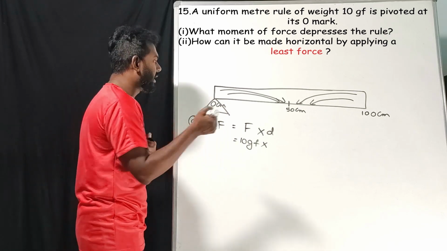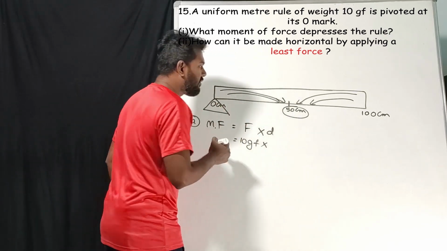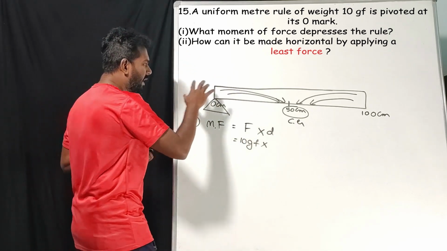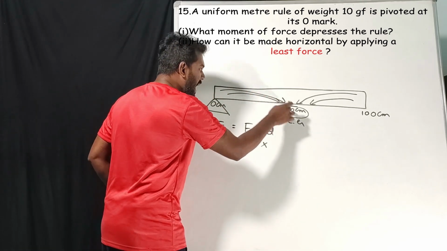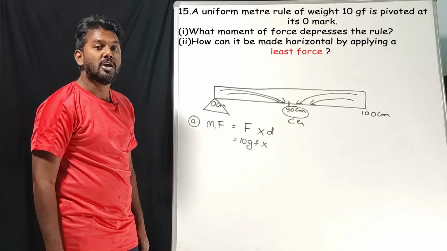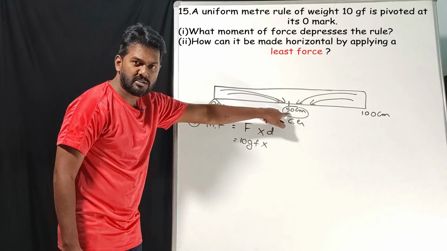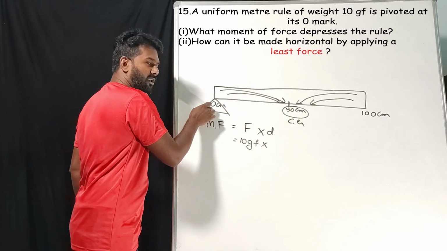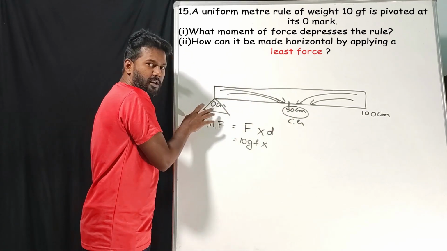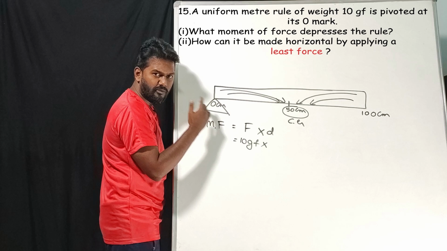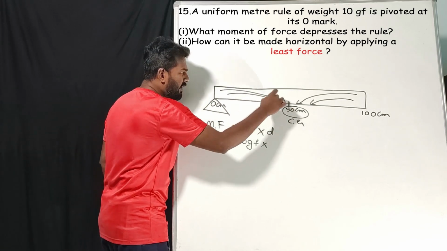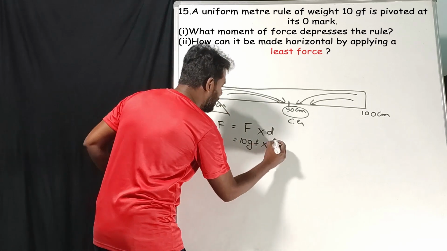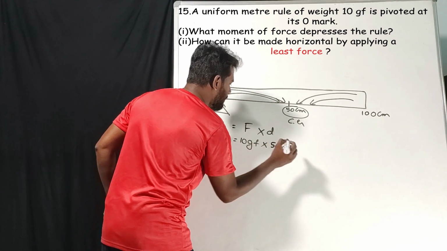No, that is where the center of gravity value, CG value, comes into picture. All the weights of the scale will be acting exactly at 50. So this is the point we are looking for, from here to the fulcrum. We don't have the actual weight there, so all the weights are acting at this 50 centimeter. That is why we have to take 50 centimeter.